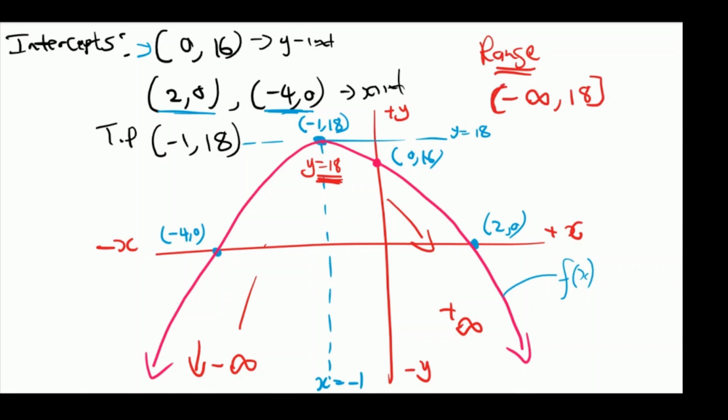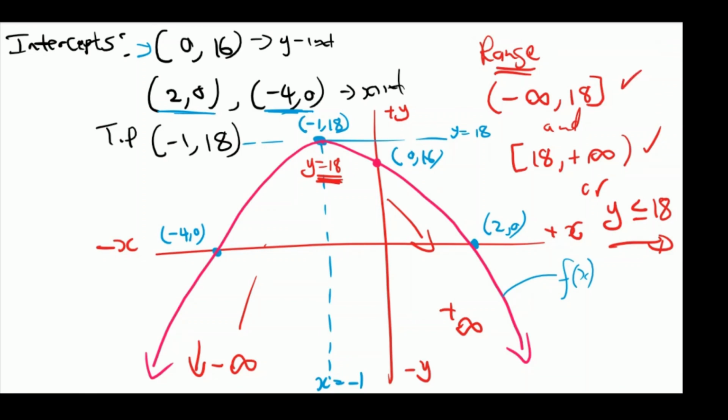So this is not inclusive, this is just a round bracket like that, and 18 is inclusive. Or you can simply write y is less than or equal to 18. So these are just two ways to write your range.